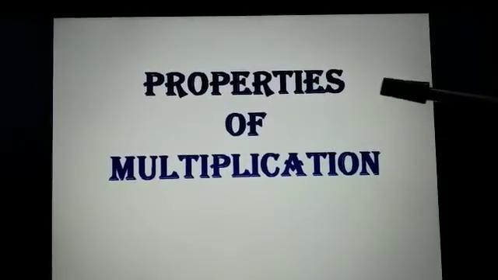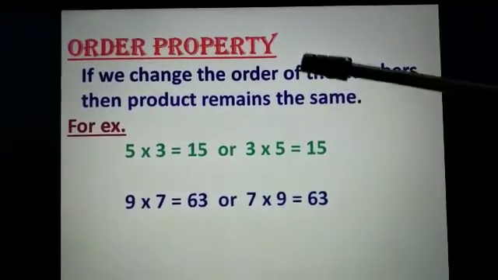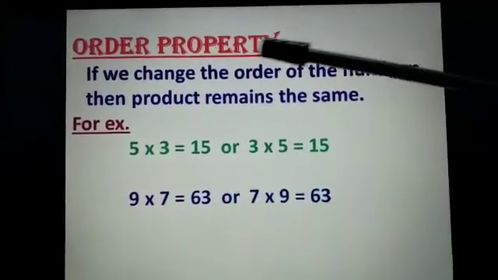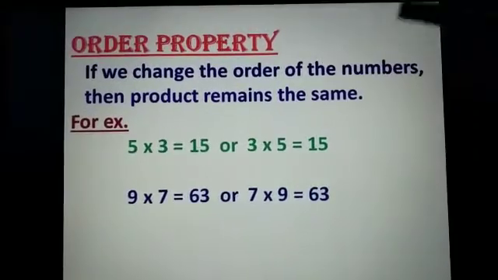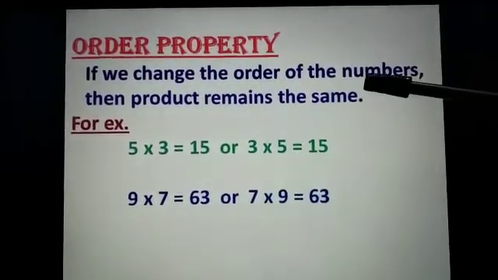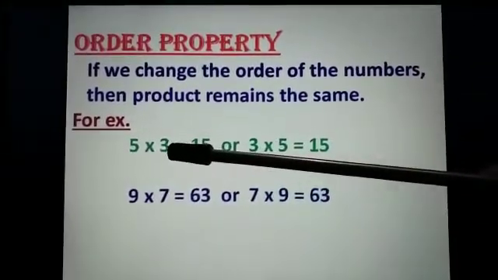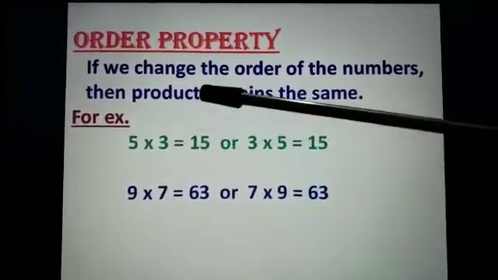Now there are some properties of multiplication. Now first property is order property. If we change the order of the numbers, then product remains the same. That means अगर हम मल्टीप्लिकेंड और मल्टीप्लायर का ऑर्डर चेंज कर दें तो आंसर हमेशा सेम रहेगा.